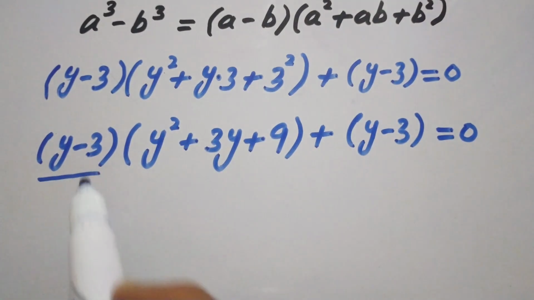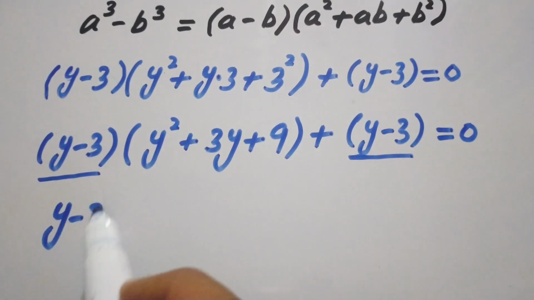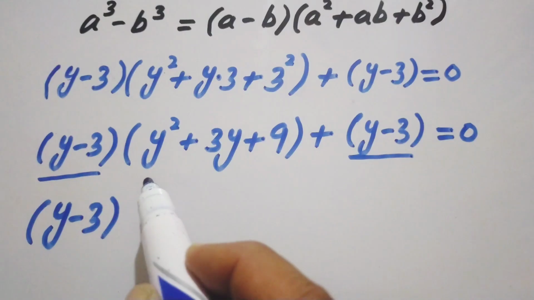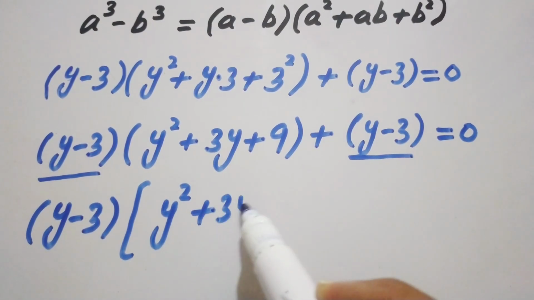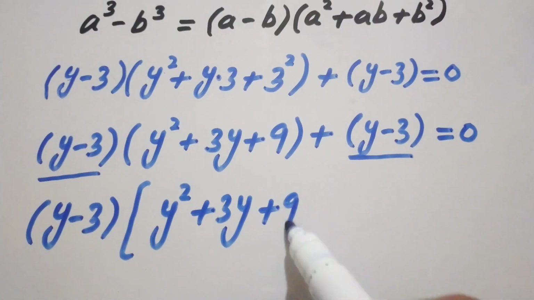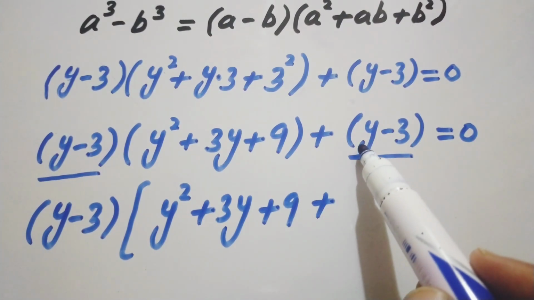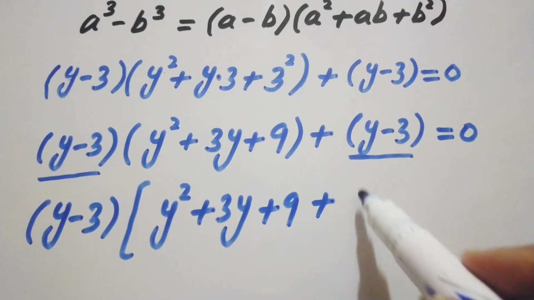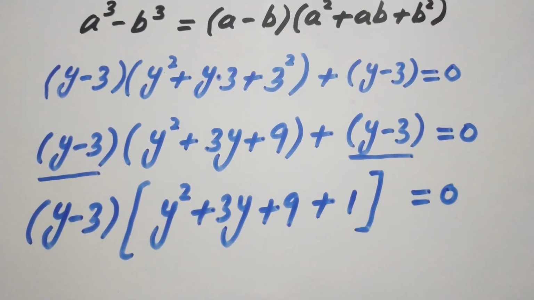Now y minus 3 is a common factor, so we can factor out this y minus 3 and inside here y squared plus 3y plus 9 plus, as we have factor out y minus 3, so here 1 will be left and this whole thing is equal to 0.